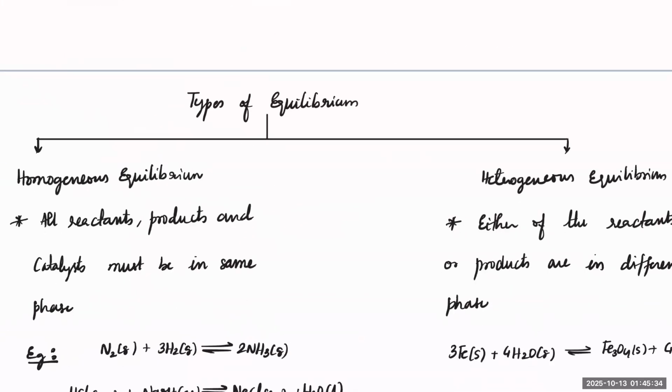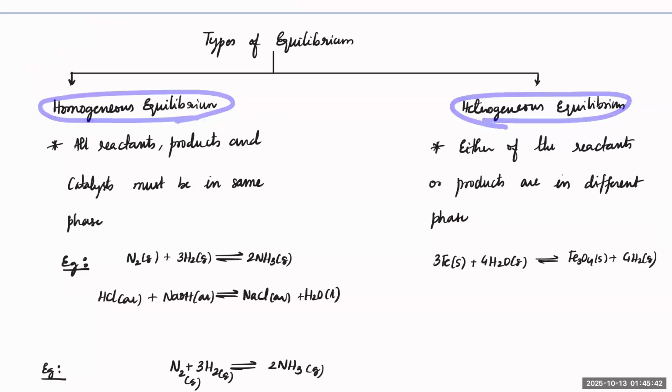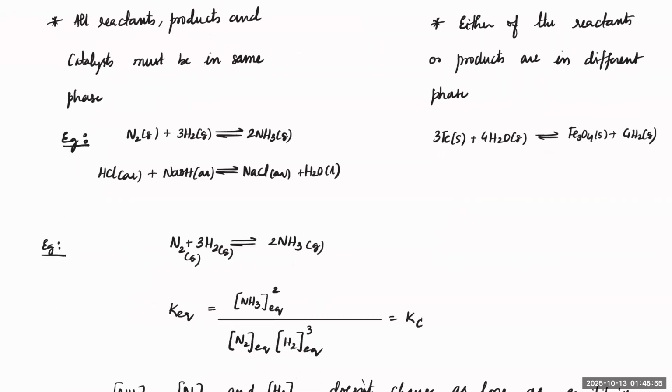Now, notice what types of equilibrium we generally observe. One is homogeneous equilibrium, the other is heterogeneous equilibrium. If all reactants, products and catalyst are in the same phase, then we call it a homogeneous equilibrium. The best example you can notice here is nitrogen, hydrogen, ammonia.